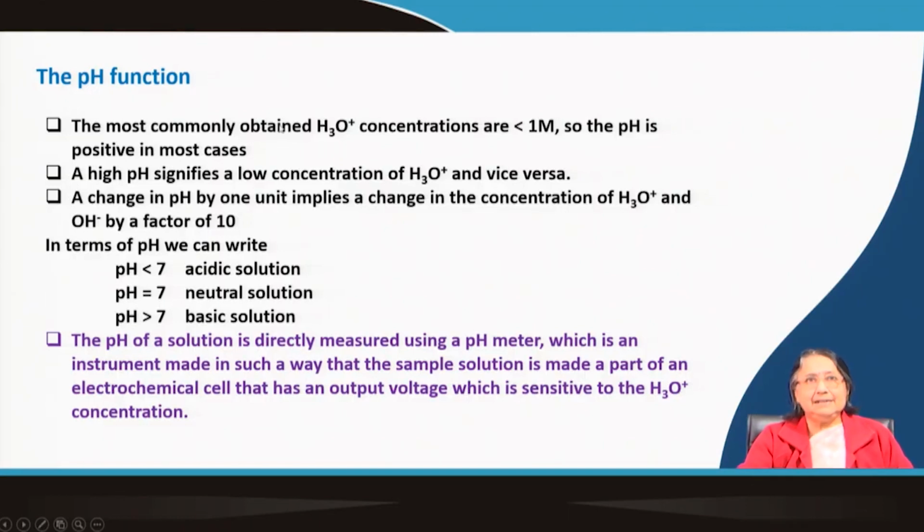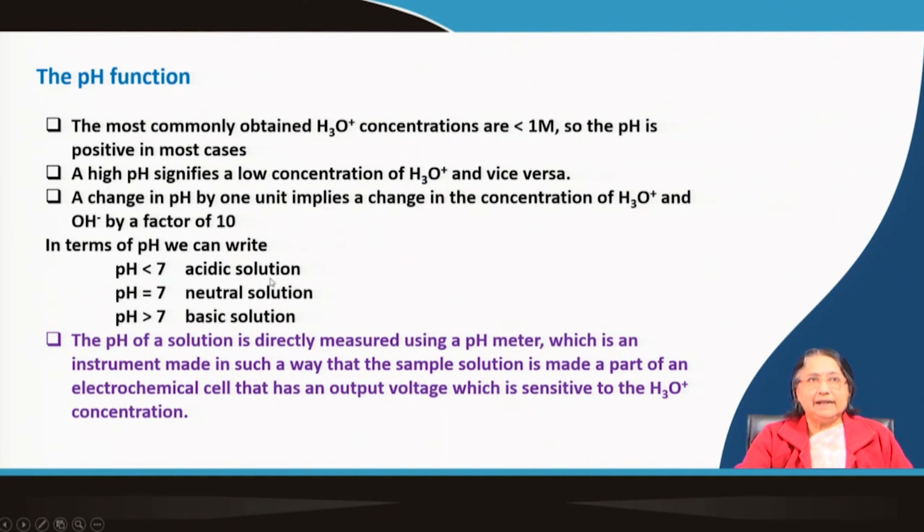In very rare cases it may be negative also, and the pH can go a little above 14, but in a general way we can say that the pH scale is 0 to 14. pH signifies the concentration of H3O+, and a change in pH by 1 unit implies a change in the concentration of H3O+ and OH- by a factor of 10.